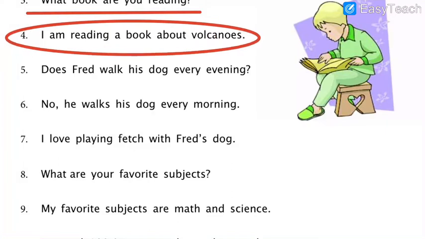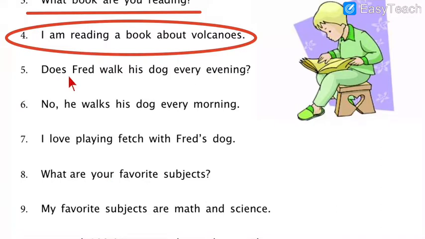It is a statement. That is why I have circled it. I am reading a book about volcanoes. So it is a piece of information you are giving about what you are doing. It is not a kind of question, nor does it have a question mark at the end. Now I hope solving this kind of exercise is a piece of cake for you. So quickly, one by one, I'll give you the time and I will show you the answer.